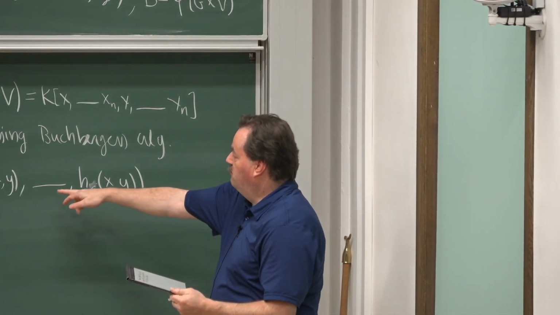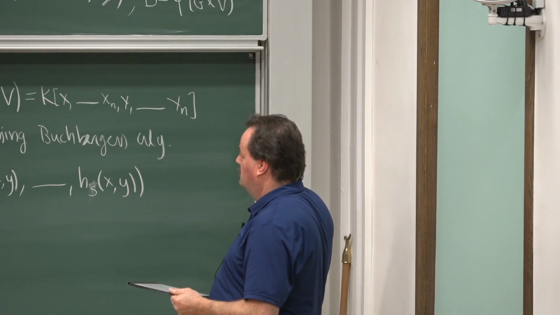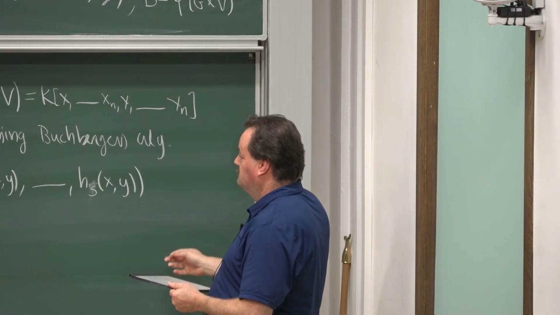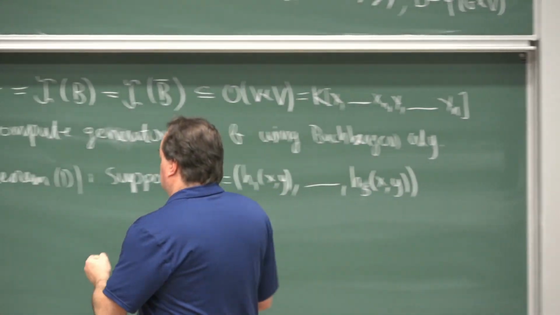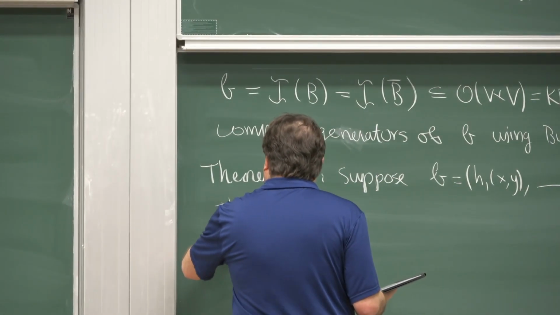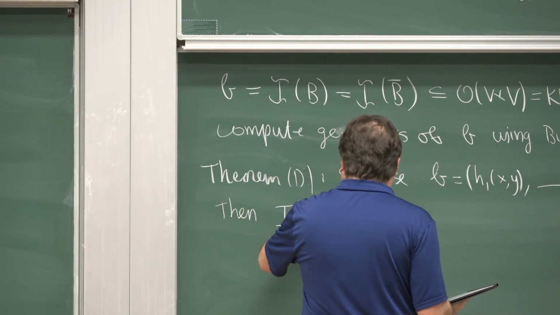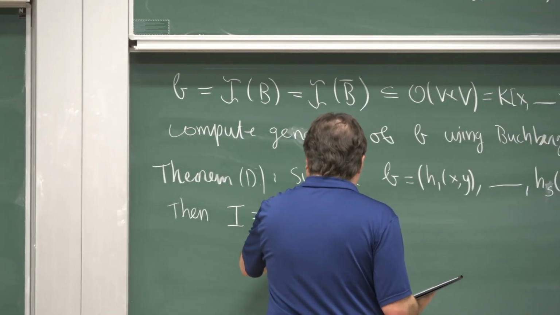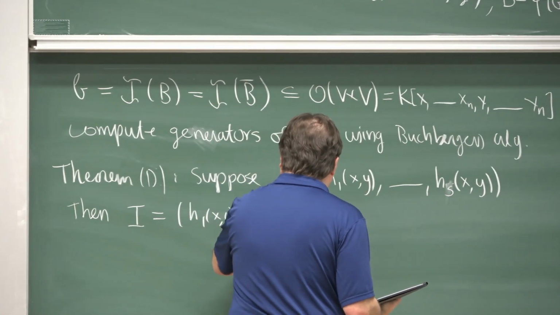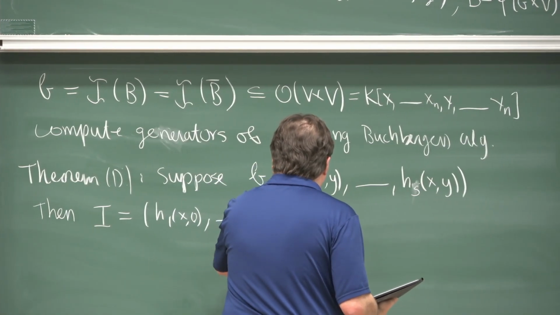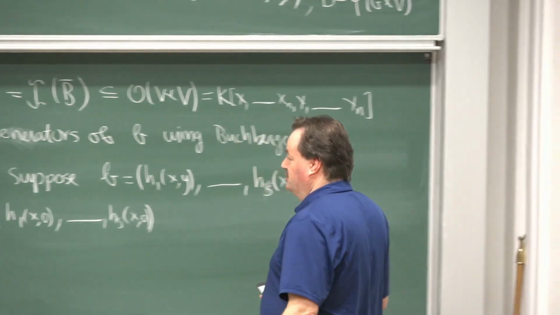And let's say these polynomials are homogeneous. Well then, this ideal I is generated by H1(x, 0) up to Hs(x, 0). So you only have to set the y variables equal to 0.